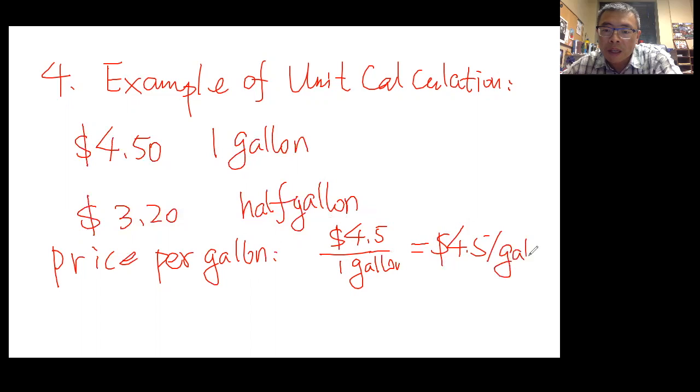In the second case, you take 3.2 divided by half a gallon, which is 0.5 gallon. For that, you get actually $6.4 per gallon.